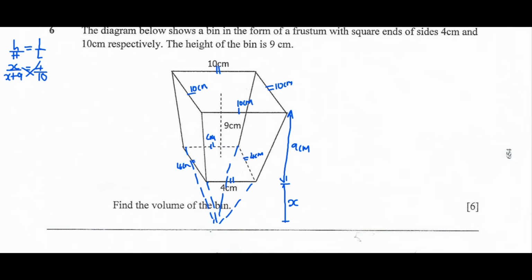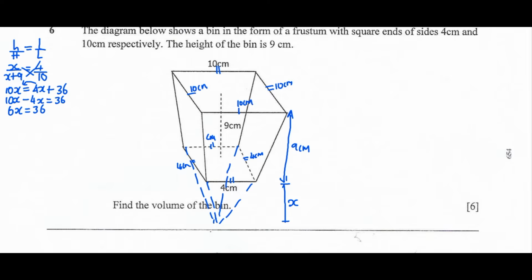Then we cross multiply, so 10 multiplied by x gives us 10x. Then here we are going to have 4 times x, which gives us 4x, plus 4 times 9, which gives us 36. Then we can collect the like terms, so 4x will go to this side. So here we have now 10x minus 4x is equal to 36. Then 10x minus 4x gives us 6x is equal to 36.